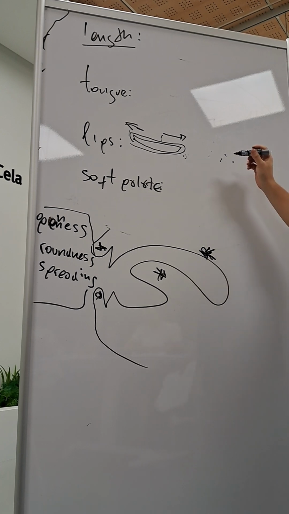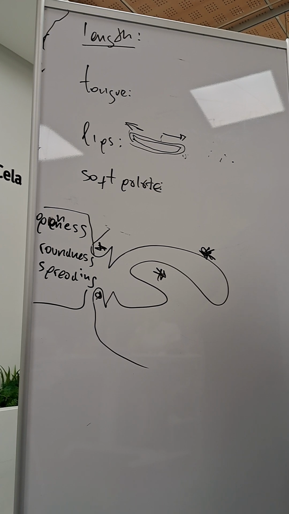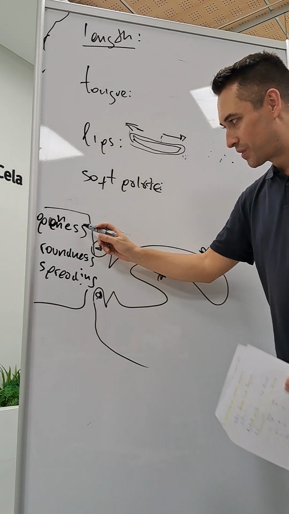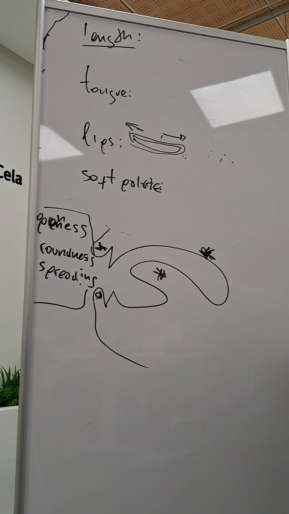With other vowels such as schwa, there's no spreading whatsoever. When you say fish, very little spreading. Fish. The maximum spreading is with long E. Tree, horse, that's not spreading, horse, that's rounding. You see the difference between tree, spreading, and horse, rounding? So yeah, remember, rounding, spreading, and openness.